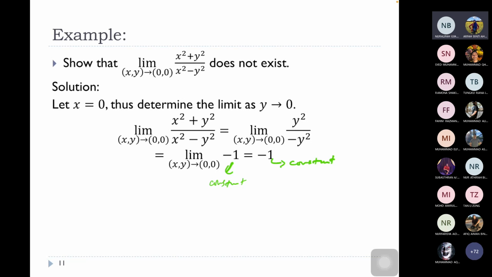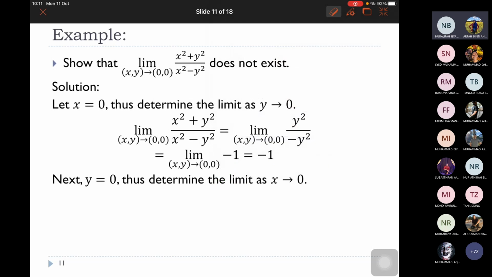So on the other side, kita ambil pula y sama dengan kosong and x approaches 0. What will be the value of the limits? So, next, y equal to 0. So, determine the limit as x approaches 0.